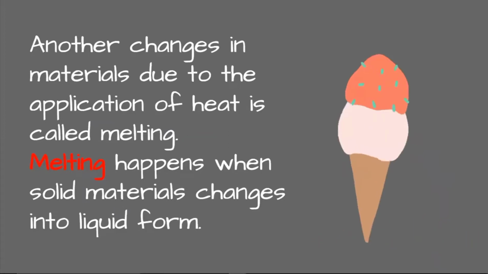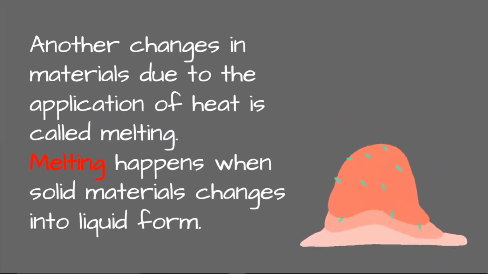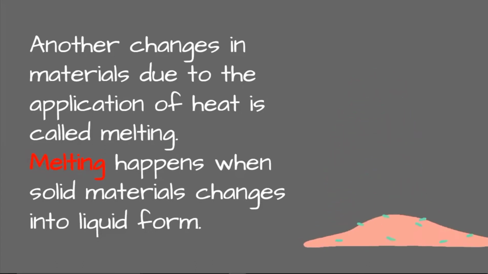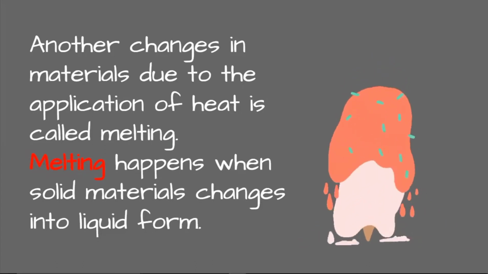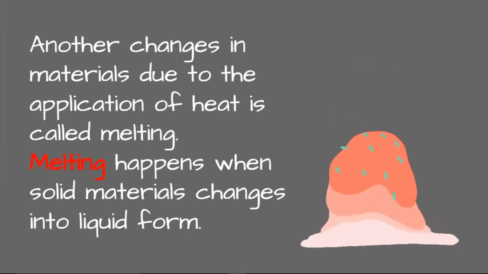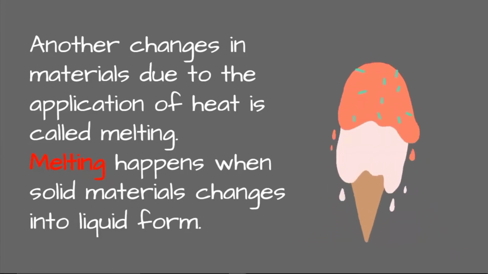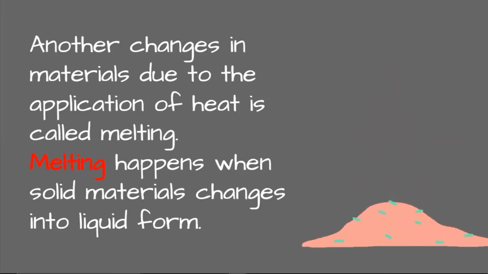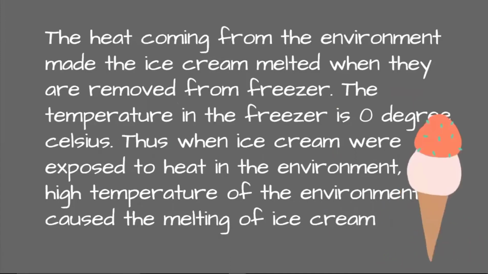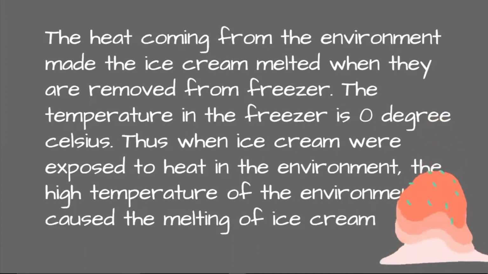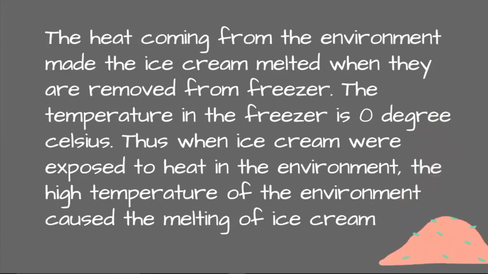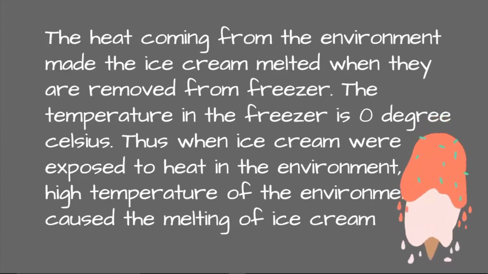Another change in materials due to the application of heat is called melting. What is melting? Melting happens when solid materials change into liquid form. The heat coming from the environment made the ice cream melt when it was removed from the freezer.